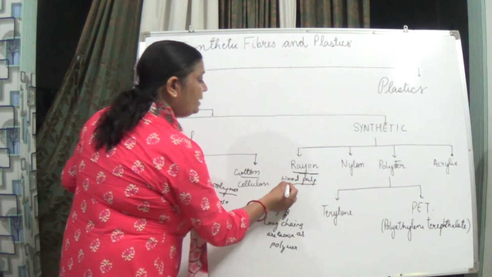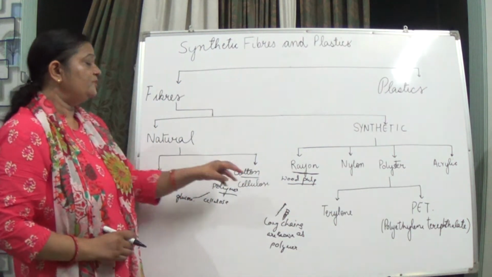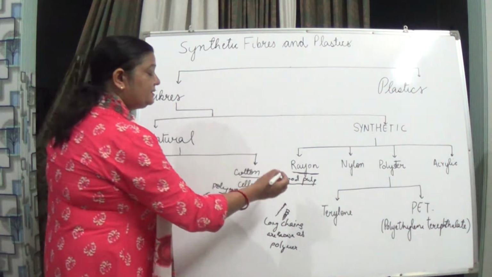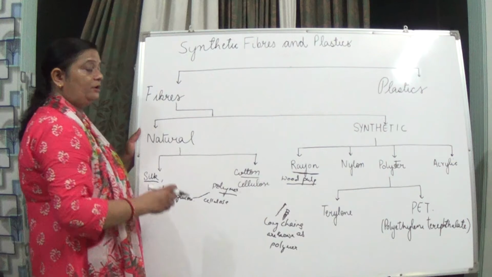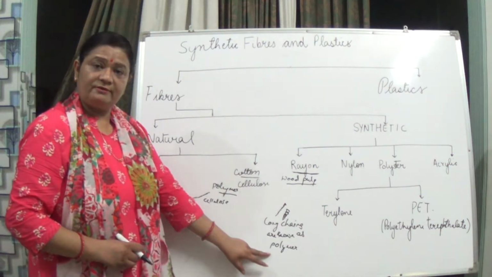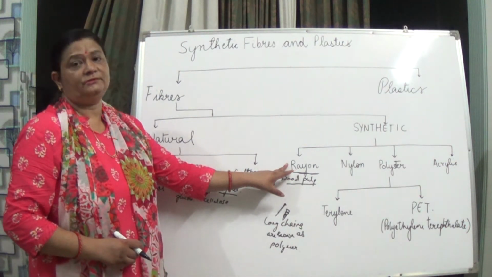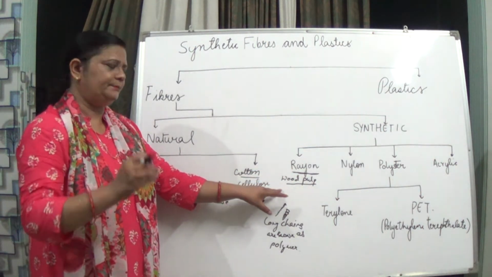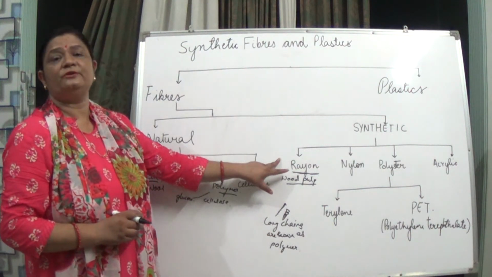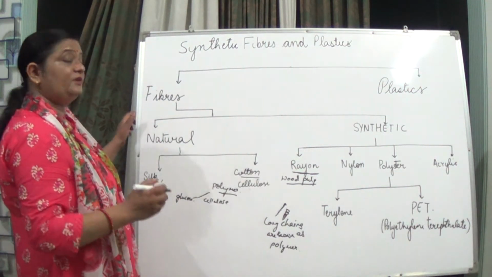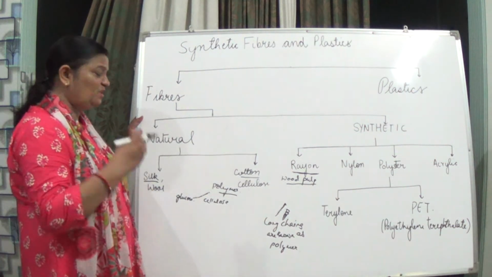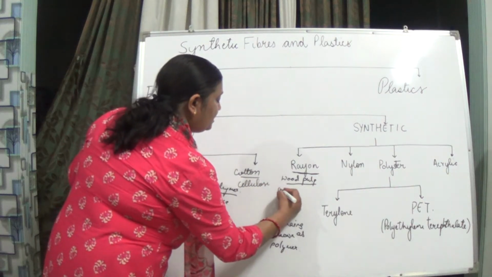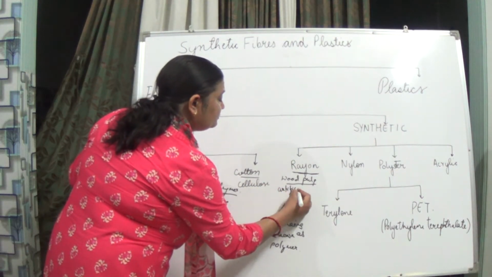Even though this wood pulp we get from nature, it is made into polymer form, and that is known as rayon. Small units of chemicals of this wood pulp kept together form a polymer, thereby forming rayon. This rayon has the characteristic features of silk. It looks like that, its texture is like that. So it is also known as artificial silk.